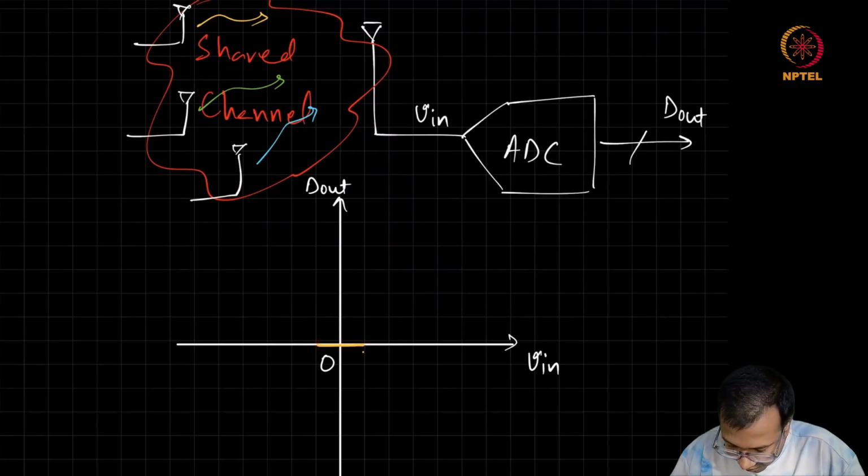Once this voltage exceeds some threshold, it may be assigned digital code 1, and higher digital codes and so on.